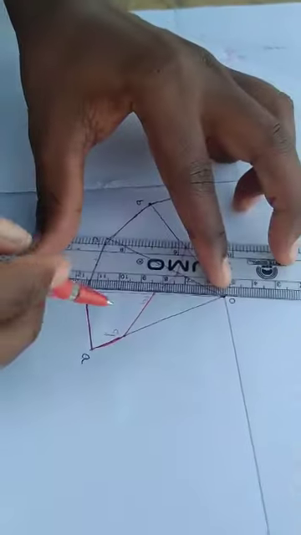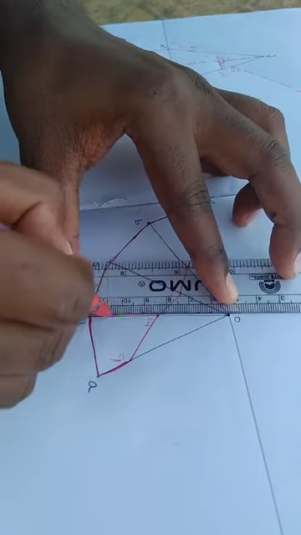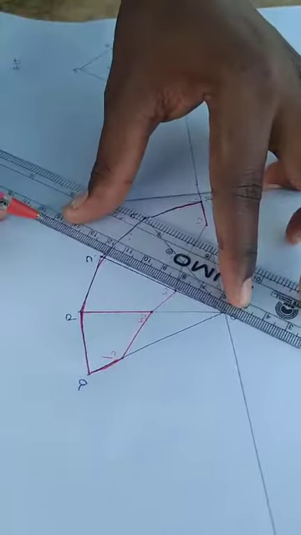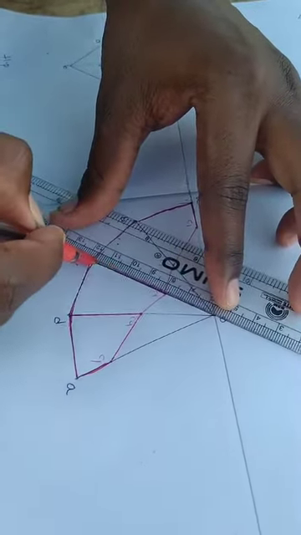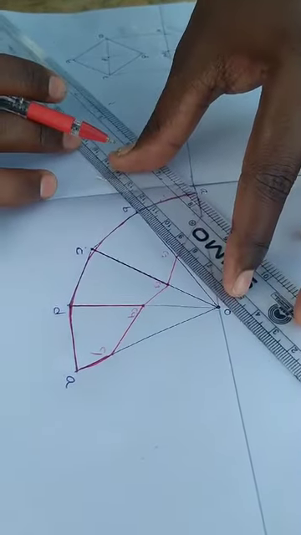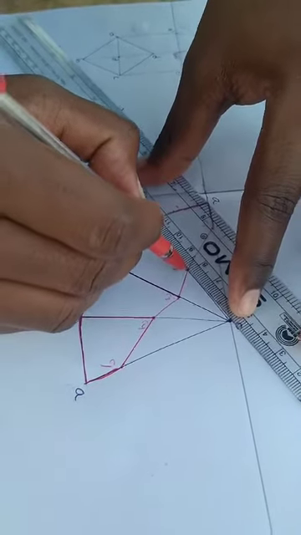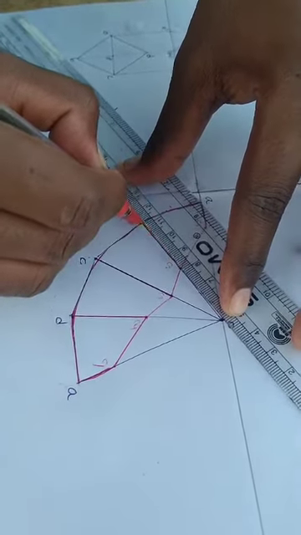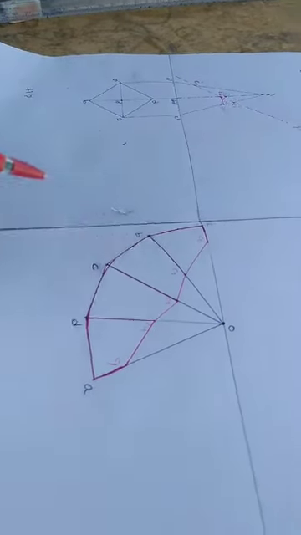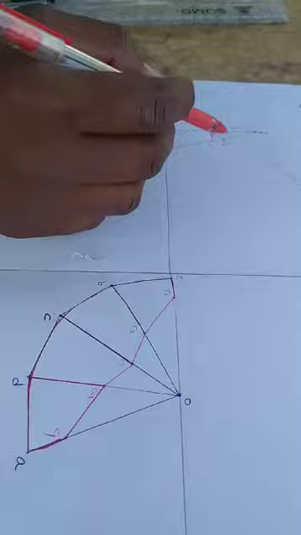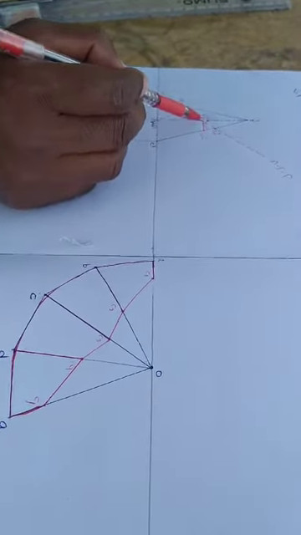The next, you have to make thicker lines for these edges also. Why? Because the square pyramid has edges. These four are edges. You have to make thick lines for these edges. This is your unfolded surface of a square pyramid when it's cut by an auxiliary inclined plane at a 45 degree angle, bisecting the axis.